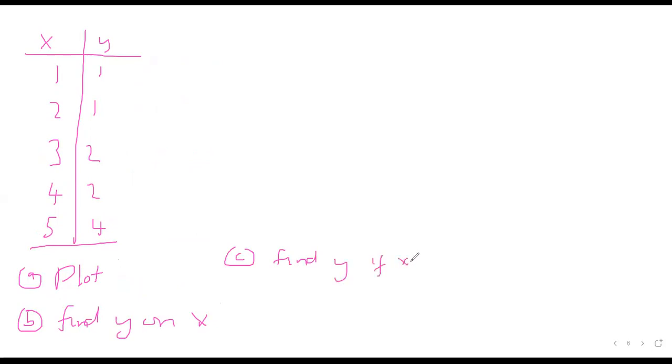If x is 10. And number 4, find r and r squared and interpret. That's all. 25 marks. So I want to make it harder for you to fail than to pass, unless you just want the other way.